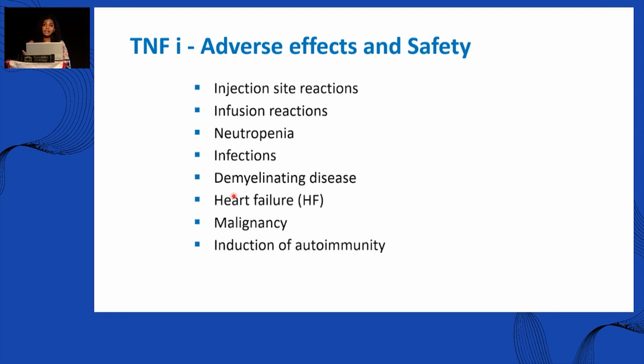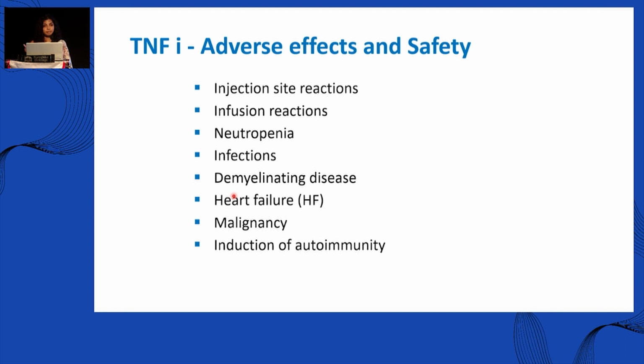With demyelinating disease, if there is a diagnosis of a demyelinating disease, we'd be very, very cautious and often avoid TNF inhibitors. It has been associated with demyelinating diseases like multiple sclerosis. Heart failure, there is some association, and the point is that if there is heart failure of class 3 or 4, we'd either avoid it or be quite cautious.